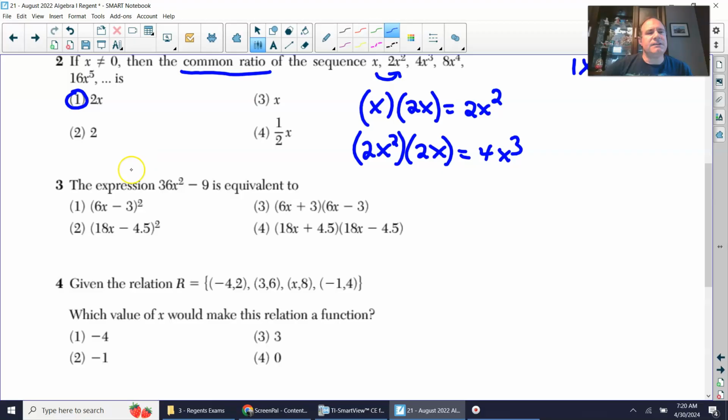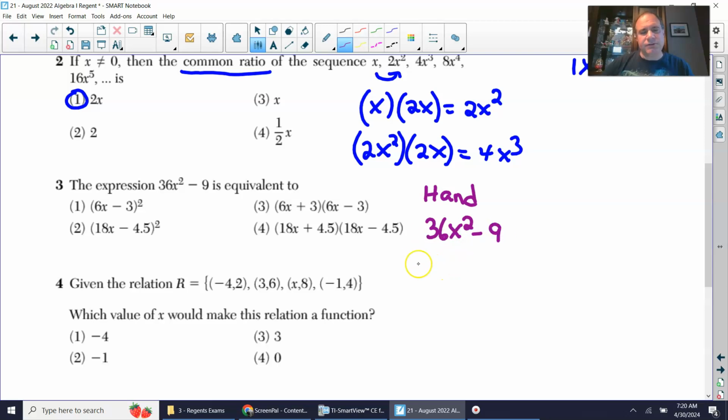All right, so for these type of questions, if it ever asks you which expression is equivalent to another expression, you could just put this directly into the calculator, or you could do this by hand. So right now I'm going to do this by hand, and I am going to factor. So I have 36x squared minus 9.